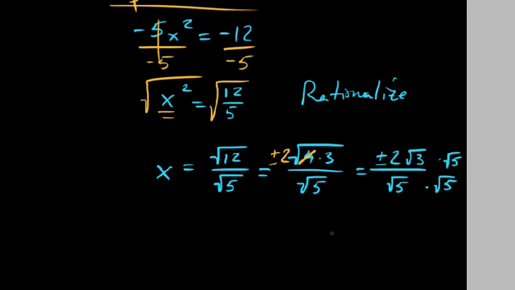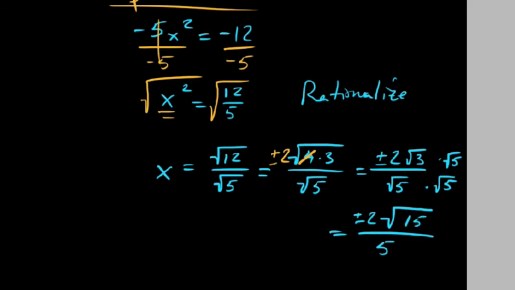So what we end up with is this. On the bottom, radical 5 times radical 5 is really radical 5 squared, and that just leaves us with 5. And on top, that plus or minus 2 is still there. Then we had radical 3 times radical 5. But recall that the property of products with radicals says radical 3 times radical 5 is radical 3 times 5, or just radical 15.